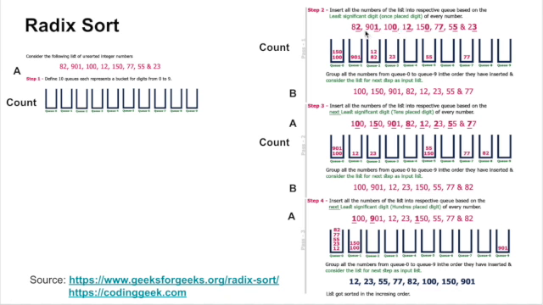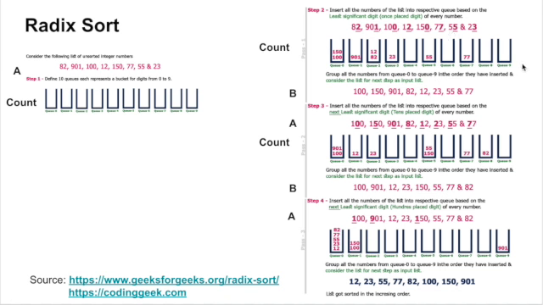It's going to first use this first digit in order to sort the elements, and this is going to be put in a count array temporarily. We're going to consider this temporary count array, and then we're going to put all the elements in the count array according to the digit where they belong.